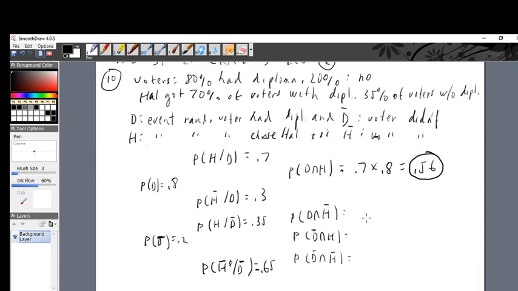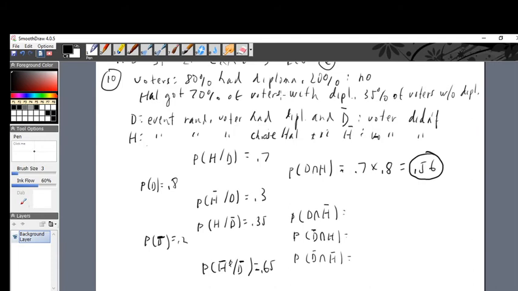All right. What about the people that didn't vote for Hal and they also had a diploma? They had a diploma, and they did not vote for Hal. So let's figure that out.